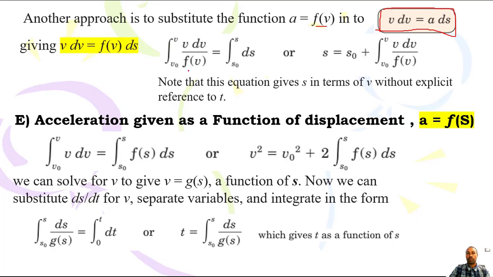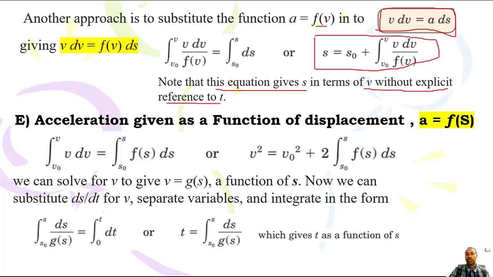You substitute f of v, then integrate s naught up to s. Then you have this equation to compute the distance, where f of v is the acceleration function in terms of v. Note that this equation gives s in terms of v without explicit reference to time t.